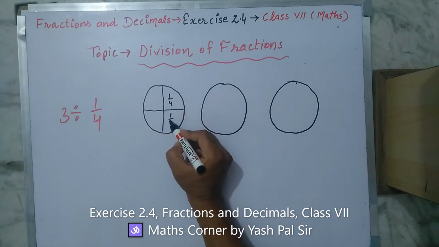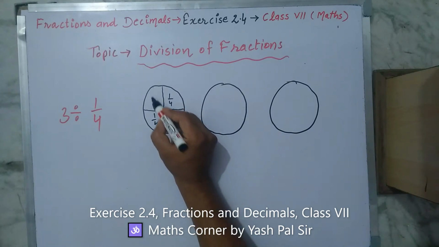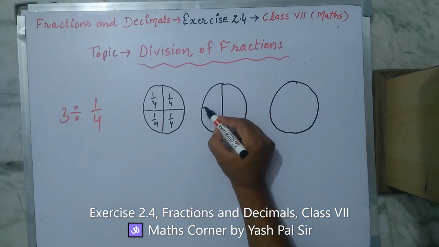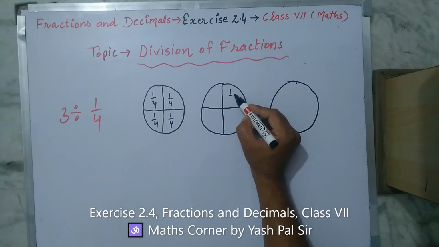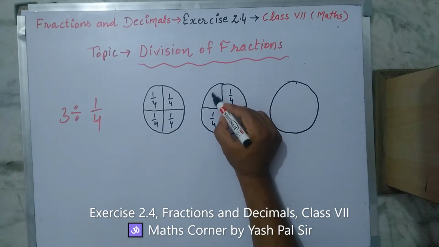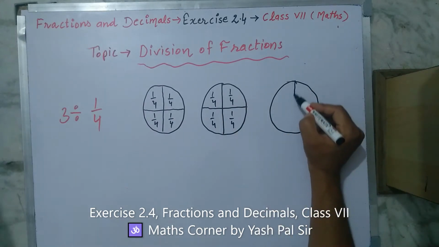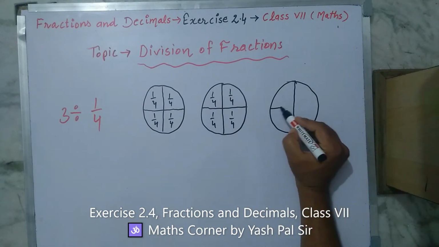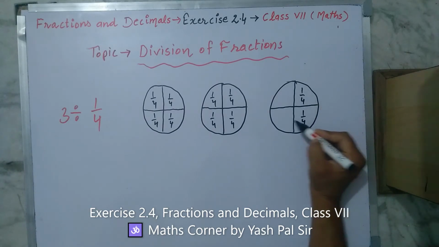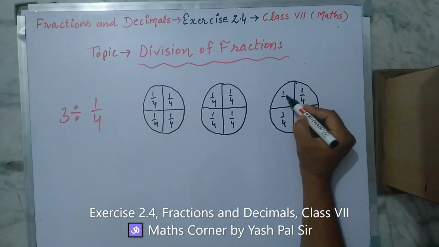The first whole gives 1 by 4, 1 by 4, 1 by 4, 1 by 4, the second whole again is divided into 4 equal parts, and the third whole again into 4 equal parts.